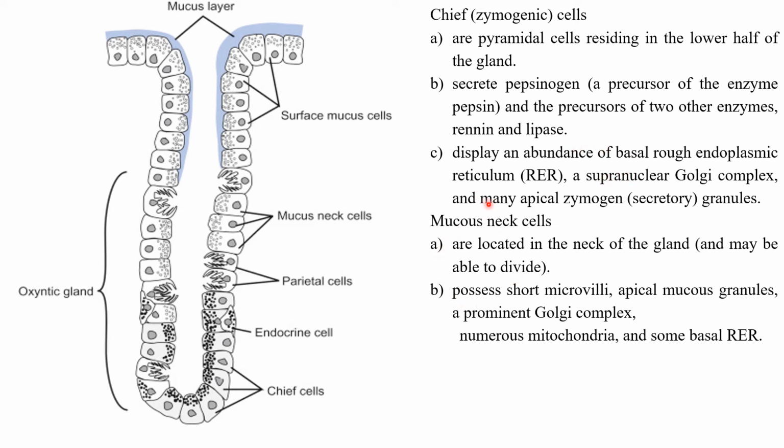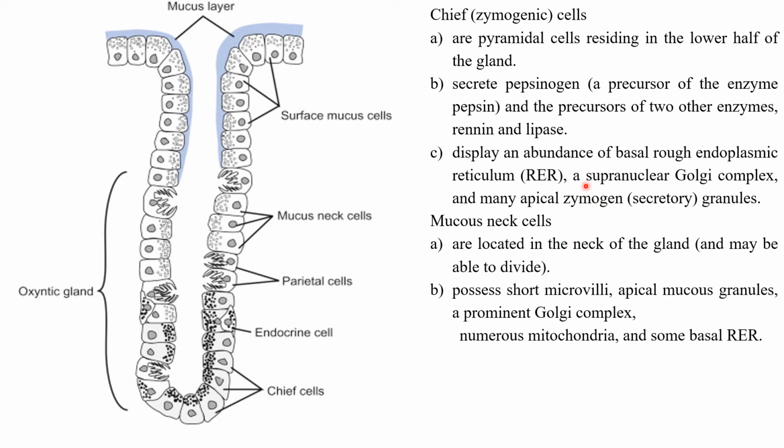And these cells, chief cells, display an abundance of basal rough endoplasmic reticulum and supranuclear Golgi complex and many apical zymogen granules. The very important characteristic feature of this chief cell is they possess a lot of rough endoplasmic reticulum, which is required for synthesis of proteolytic enzymes as well as renin and lipases.